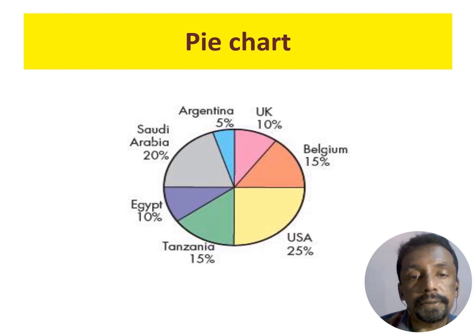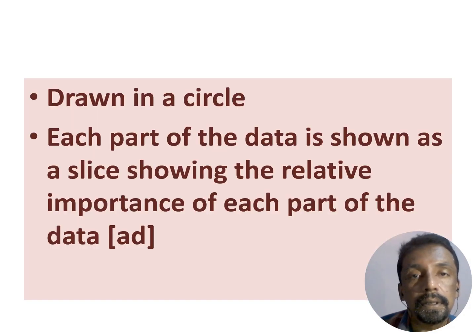Pie chart. Drawn in a circle. Each part of the data is shown as a slice, showing the relative importance of each part of the data. So that's an advantage. The relative importance of each part of the data can be presented using a pie chart.